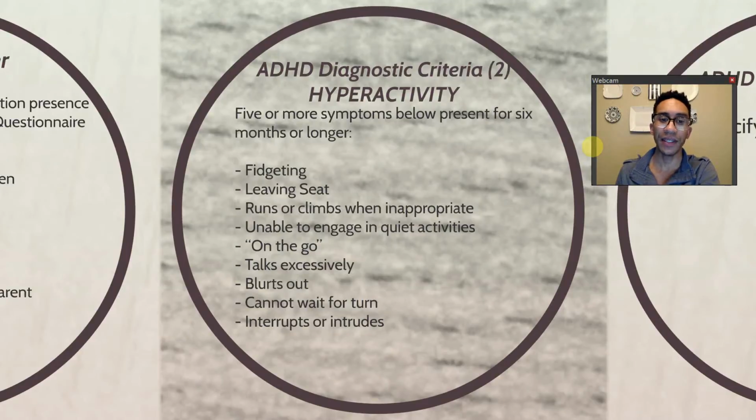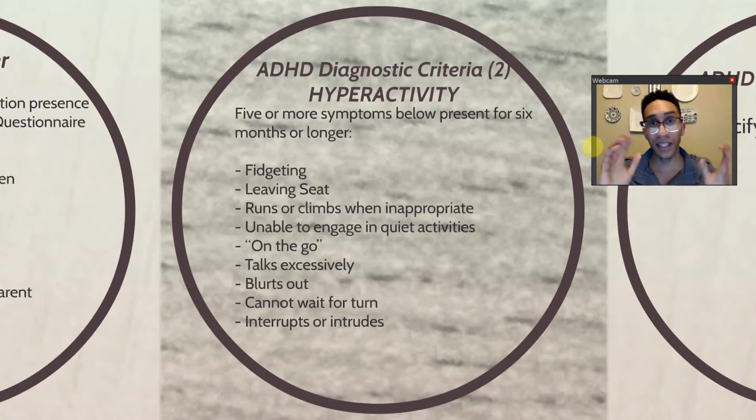Okay, so hyperactivity, 5 or more symptoms below present for 6 months or longer. Fidgeting, leaving seat, runs or climbs when inappropriate. So if little Johnny's working at Whataburger and he's climbing on the fry cook all the time, or on whatever machines they have back there, he might have ADHD. He might be pretty hyperactive, even as an adult. Unable to engage in quiet activities, on the go all the time.